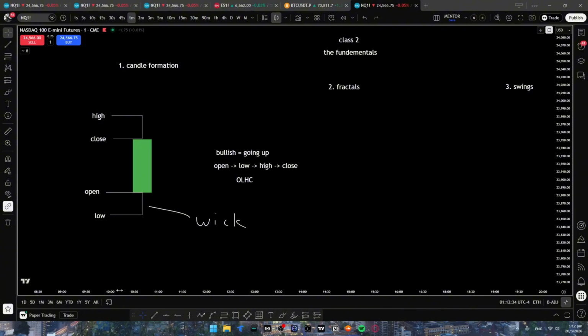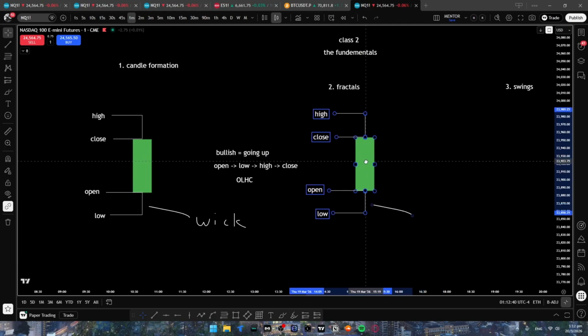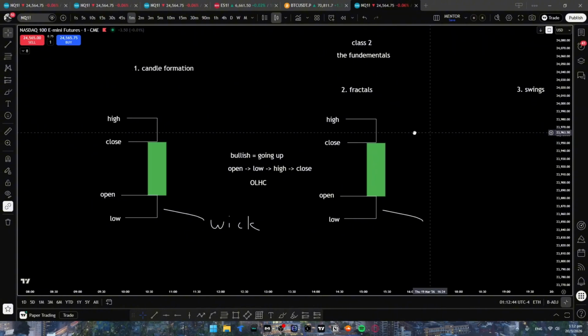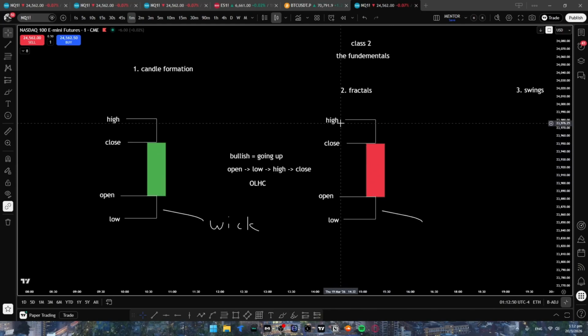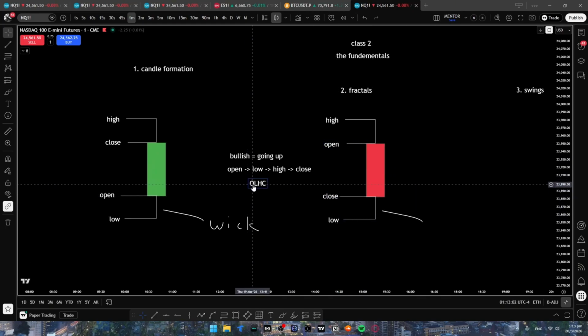Right. Likewise, if you want to do a bearish candle, ignore these for a while. We'll get to that later. Let's do a bearish candle. And so it would be flipped. This would be the open, because it opened here and it went up a little, and then it goes down and it closes. So this is what we call the close now.